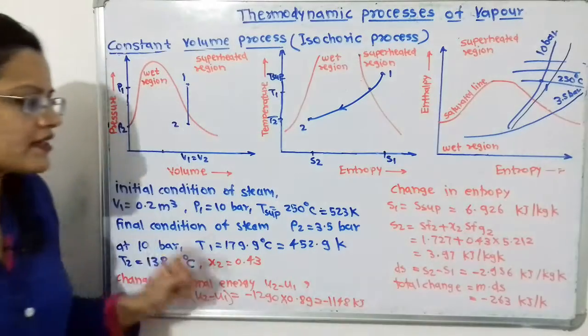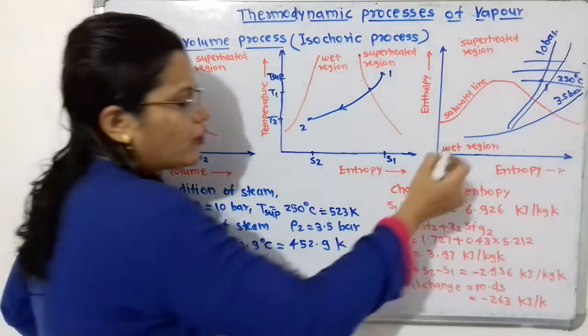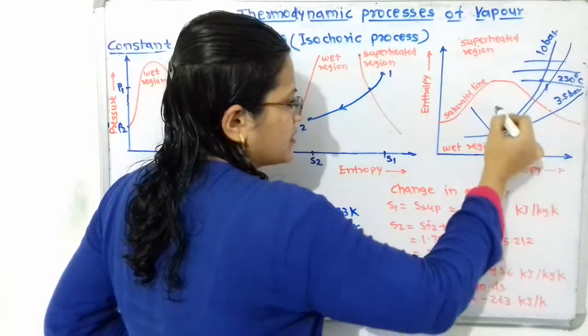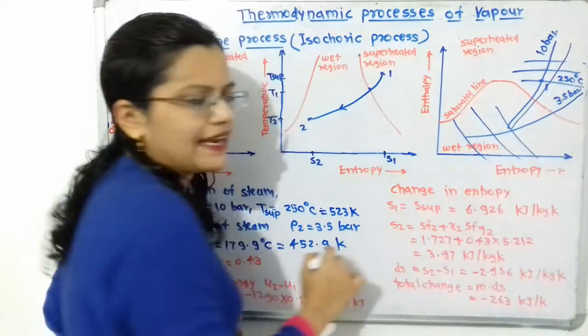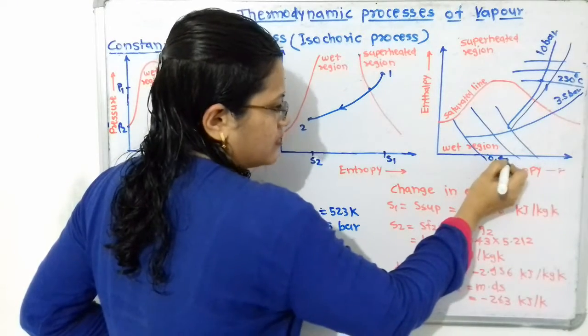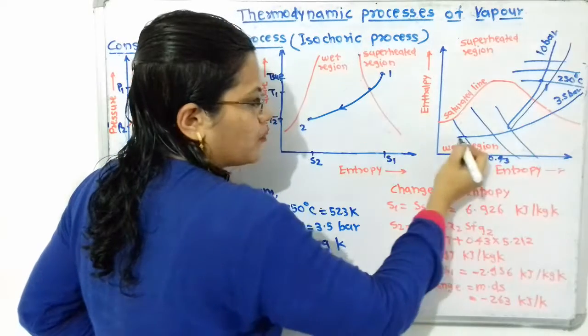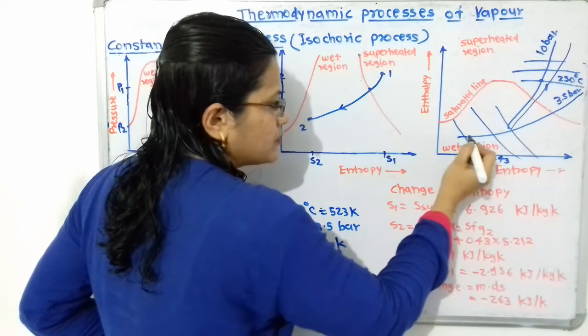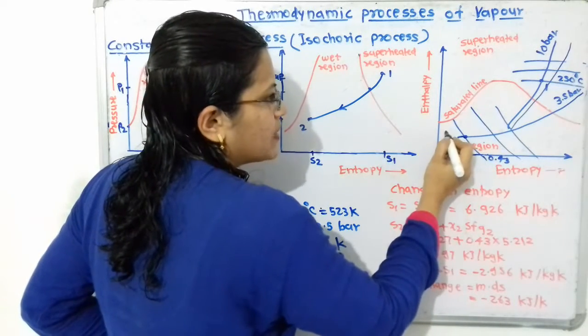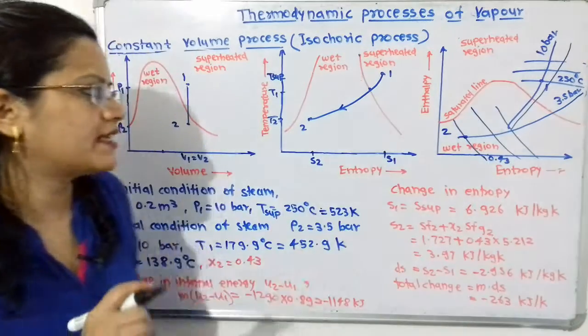Now we have to take the dryness fraction, that is 0.43. At the bottom, these inclined lines indicate the dryness fraction. Suppose this is the 0.43 line. Then we take the intersection of pressure 3.5 bar and dryness fraction 0.43. That will be our point 2. So point 1 and point 2 are selected.